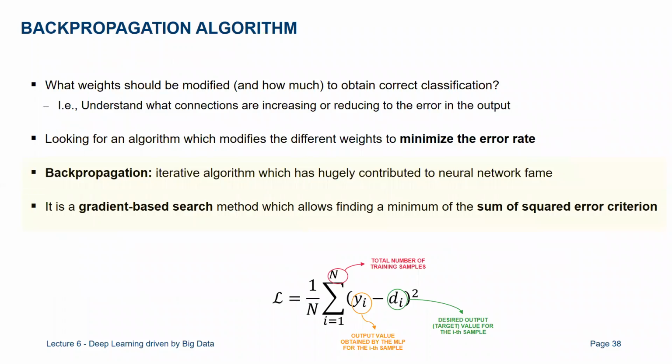So we're looking for an algorithm to do that. We are going to talk here about the one that has now been established in the field, which is backpropagation, a gradient-based search method which allows you to find the minimum of, for instance as here, a loss function represented by the sum of the square error criteria.